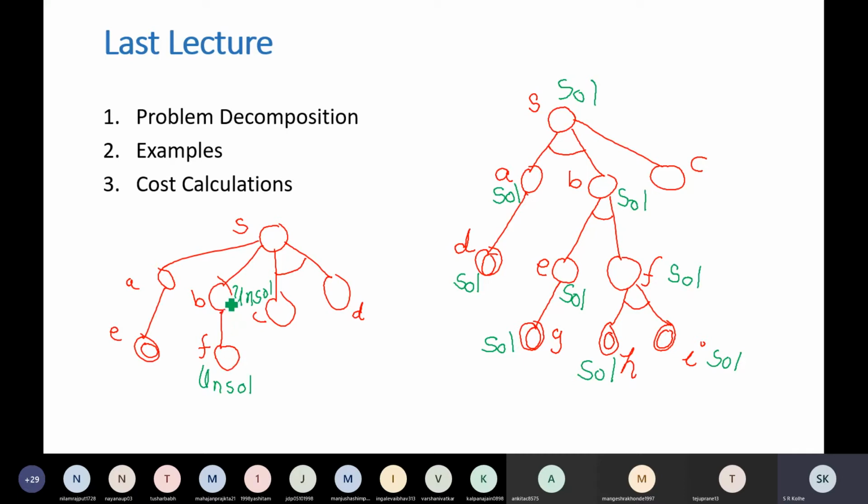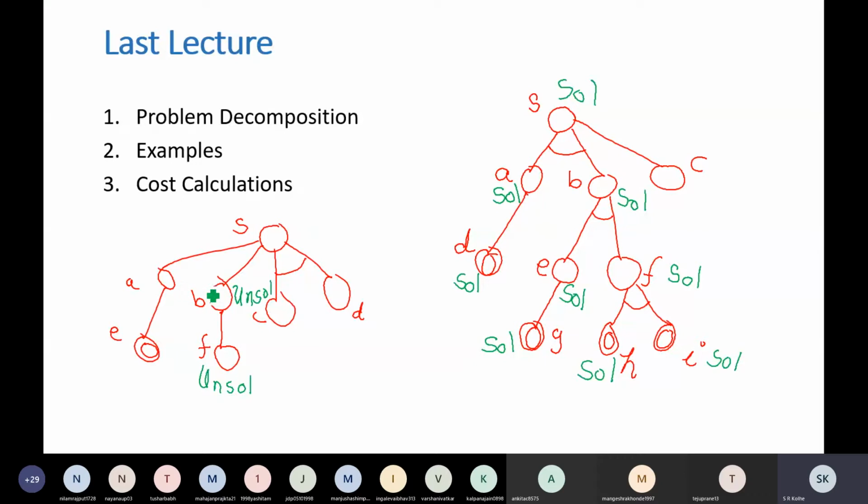So since this is unsolved, this is also unsolved. But because of this, S will not become unsolved, because you can reach the goal; there are alternate paths also. Although there is a problem with B, you can go to A, this is OR. So although you cannot reach the goal through B, there are two more ways you can reach the goal.